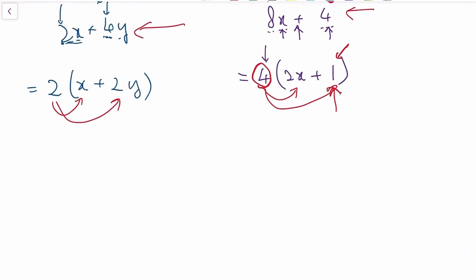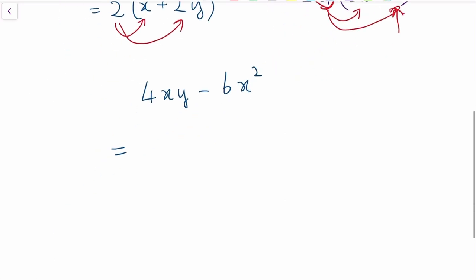Now, it's also possible to take out more than one thing. For example, we have 4xy minus 6x squared. We can ask what is common. Well, 4 is 2 times 2, and 6 is 2 times 3, so 2 is common. x squared is x times x, so x is also common. So we'll take out 2 and x.